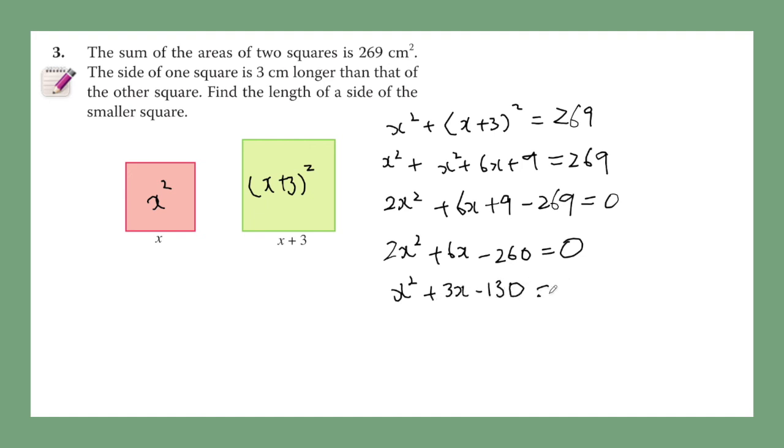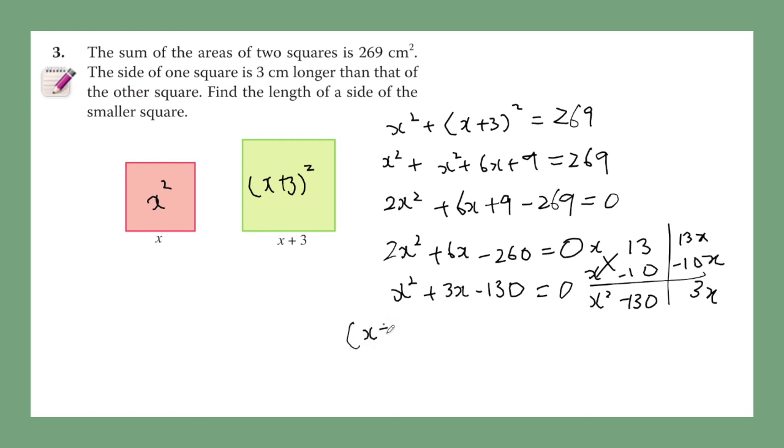Now it makes it slightly easier. 0 divided by 2 is still 0. And then this I can put into my table.